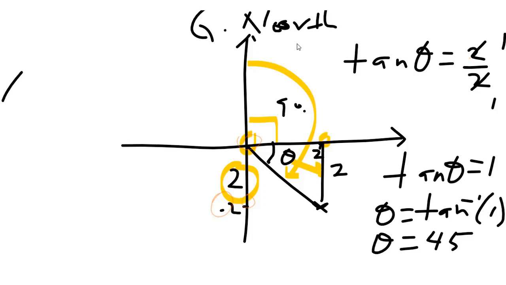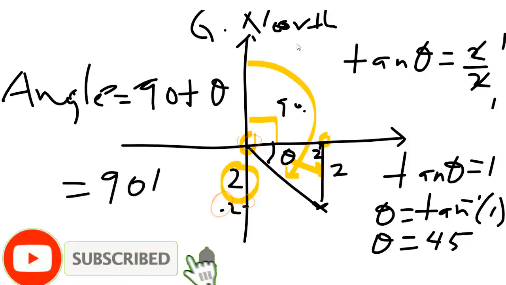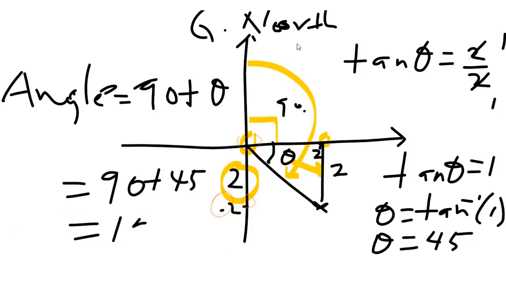So the angle we want will be equal to 90 degrees plus theta, that is 90 degrees plus 45, and that gives 135 degrees. So that is the correct answer we are looking for.